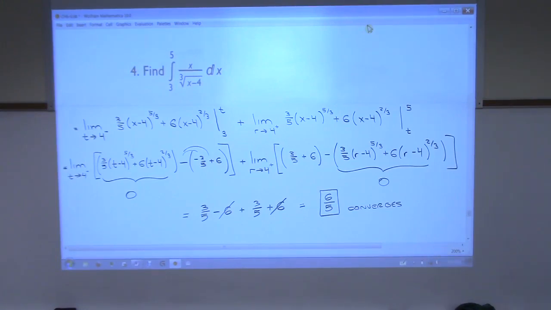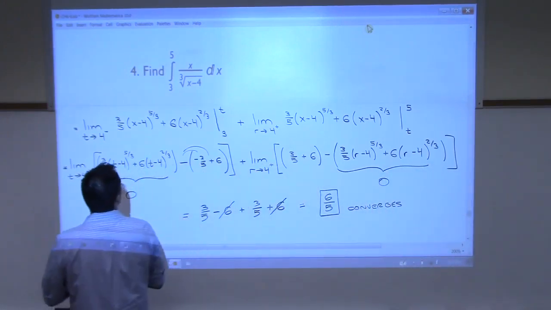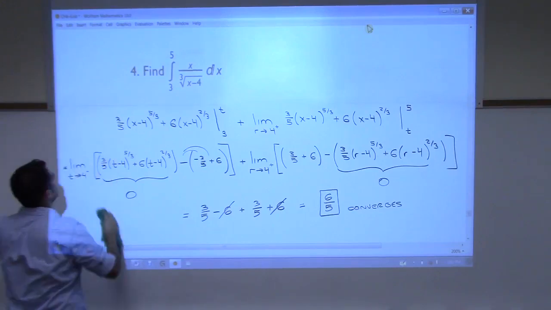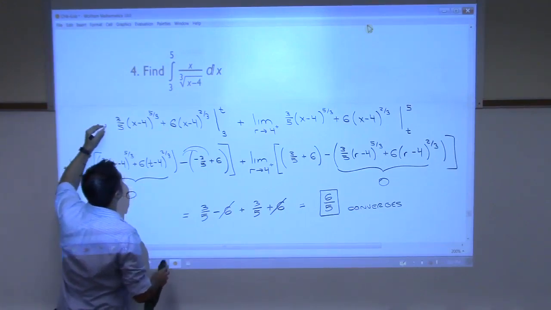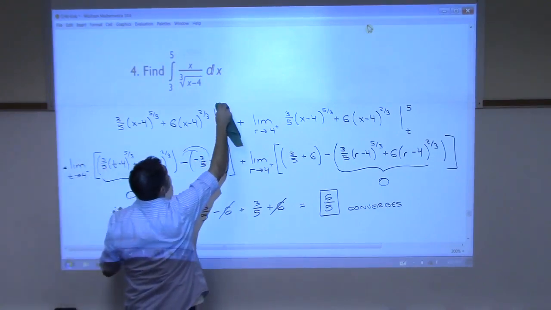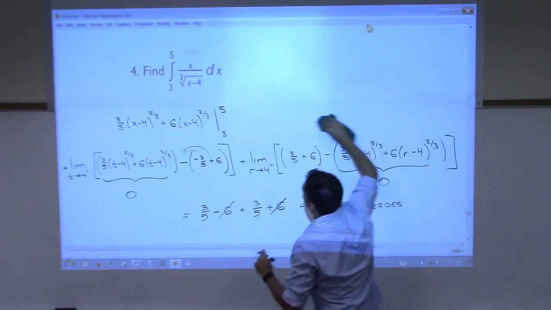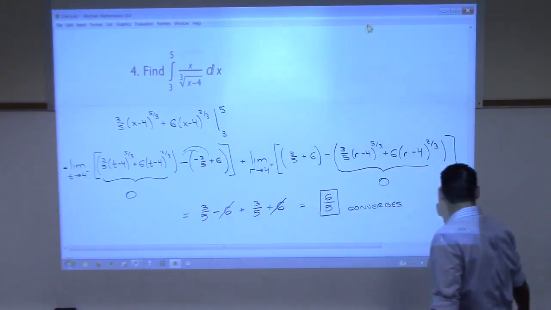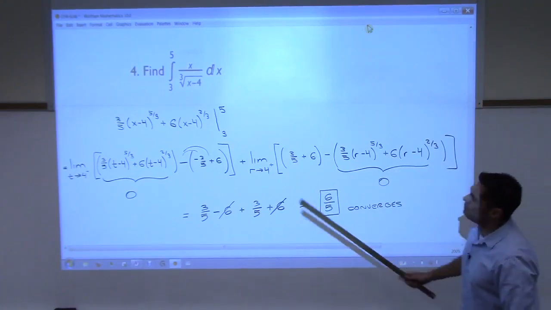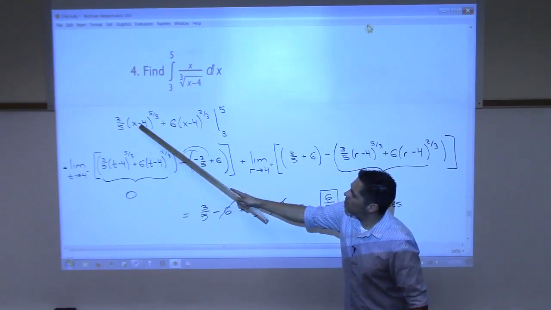So here's a little lesson here. What if you had messed up on the test and you didn't catch that there was a problem at 4? Okay, let's just say you didn't catch that there was a problem at 4. Then you would have this, wouldn't you? This is the antiderivative, right? And you would be plugging in from 3 to 5, wouldn't you? Okay, what happens when you plug in 5? You get 3/5, right? Because that's a 1.